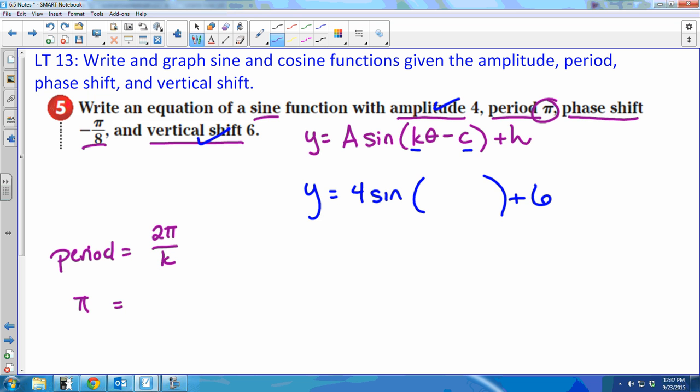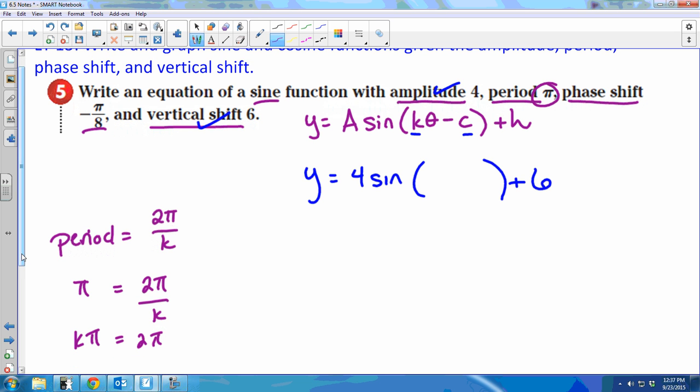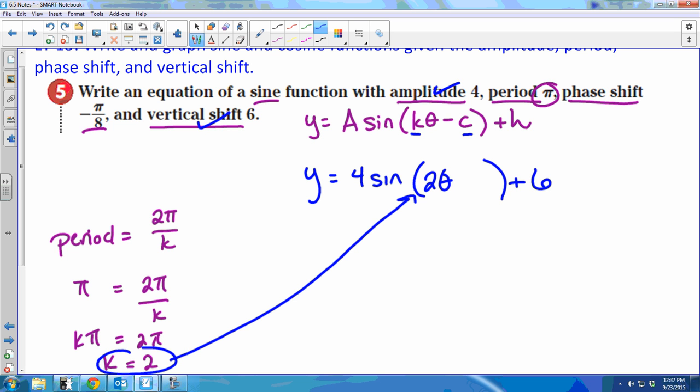So pi equals 2 pi over k. So I need to solve for k. So what does k equal? 2. So then in my equation, I have 2 theta. Does that make sense? We did that before. We did it in the last quiz.